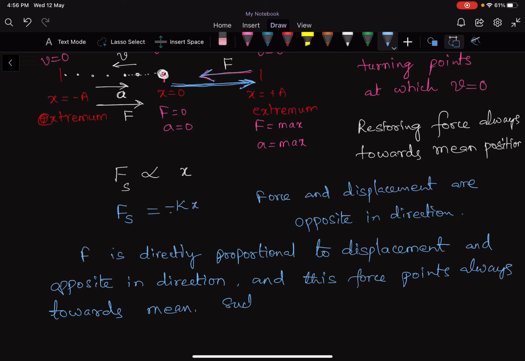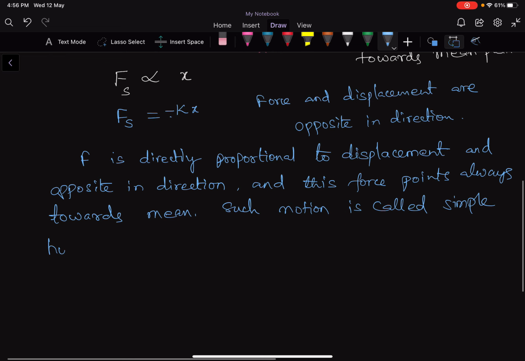Such motion is called simple harmonic motion.